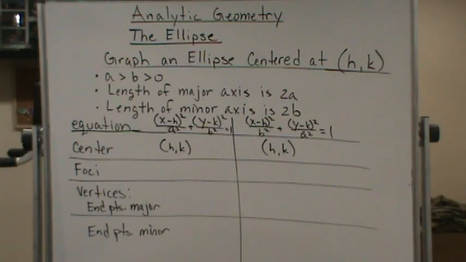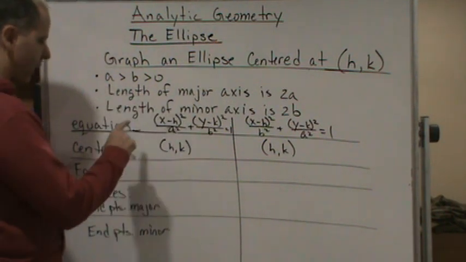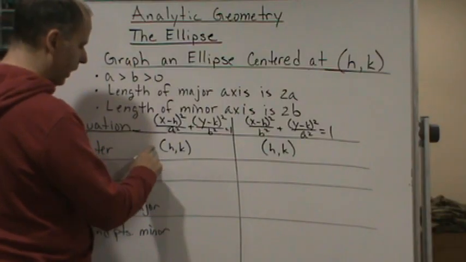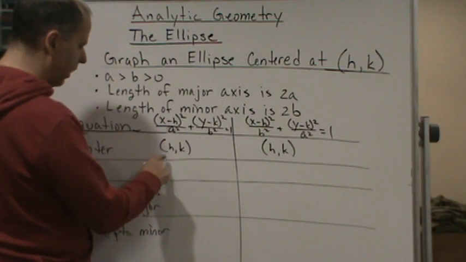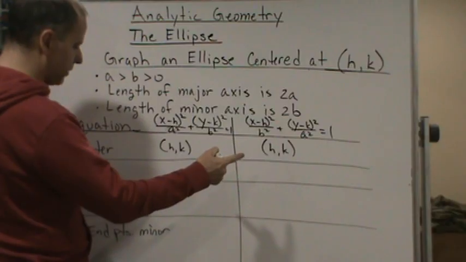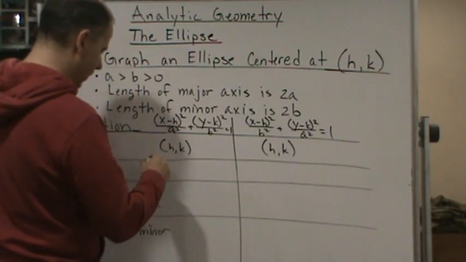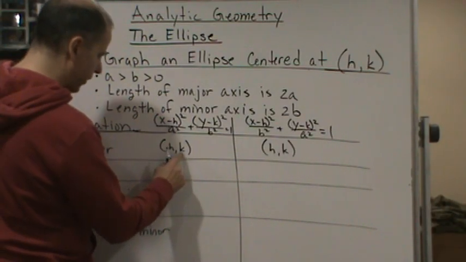And now the foci are located, remember, along the major axis, and we're going what? c units from the center in both directions, right? So if this is the center and the foci are along the major axis, which in this case is horizontal, we are going c units to the right and to the left. So the foci, now the k value stays the same.